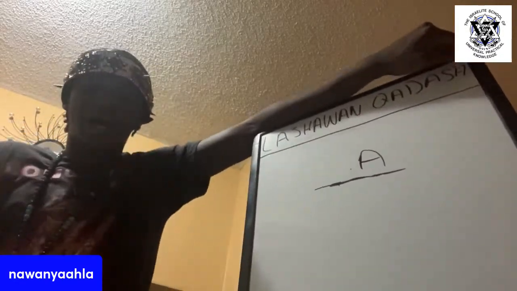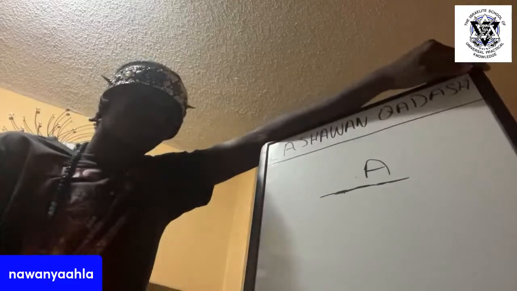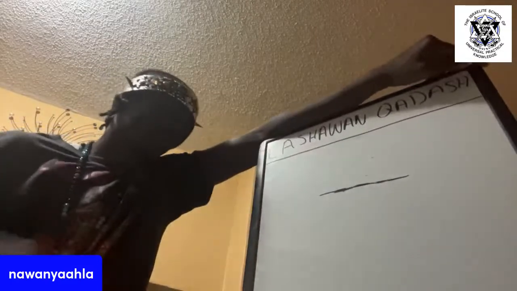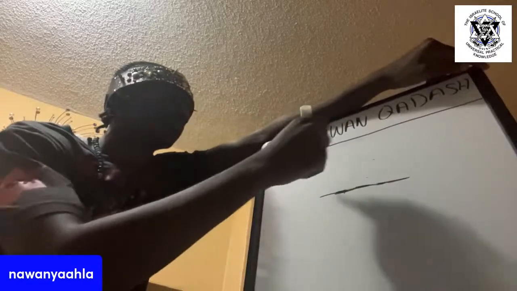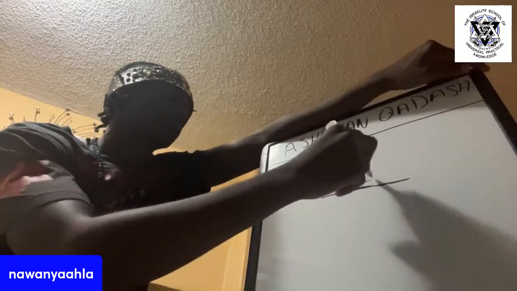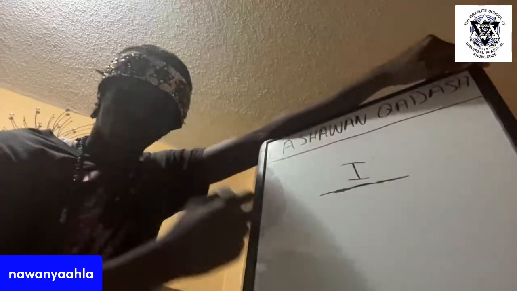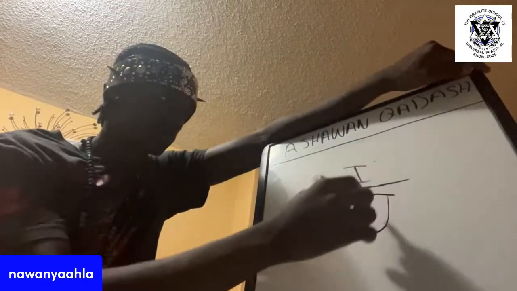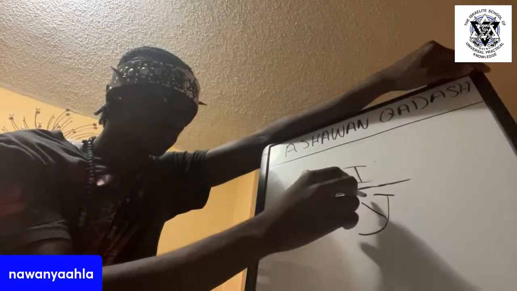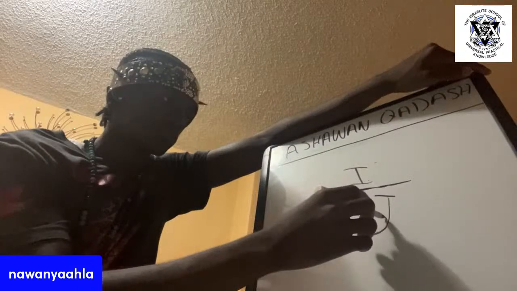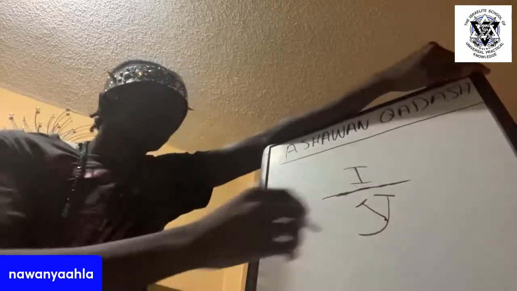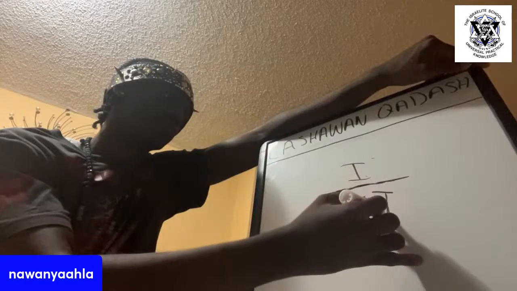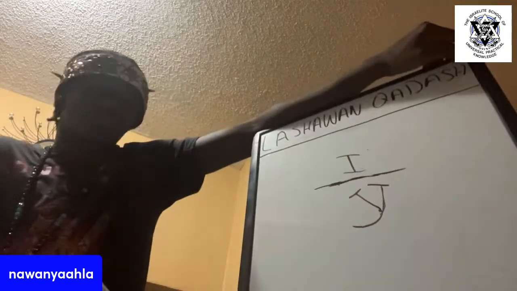Next up, we have the I. It's the I in the Assyrian Hebrew.